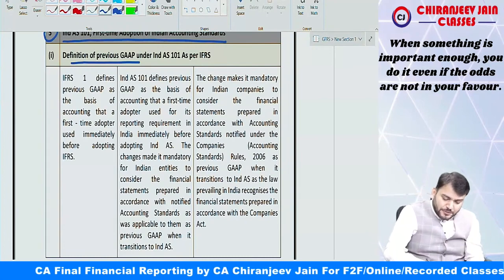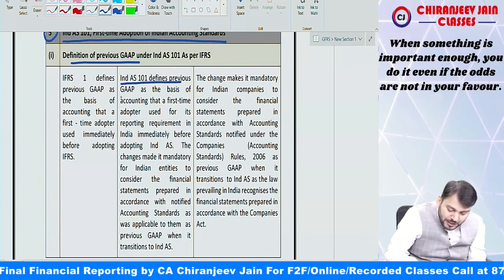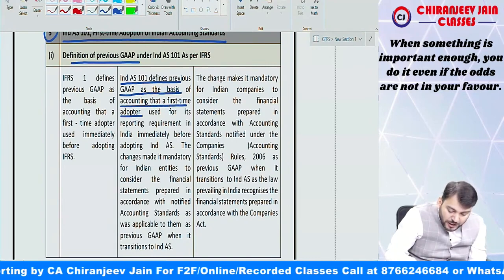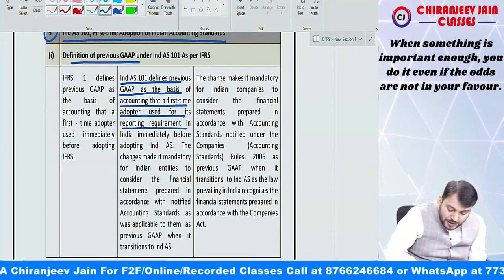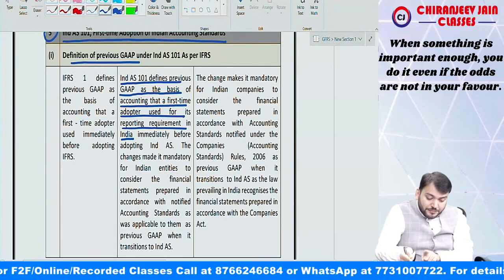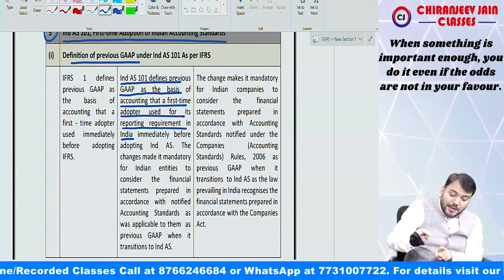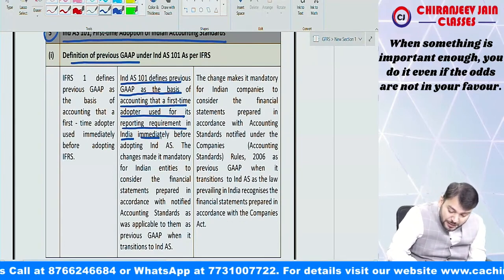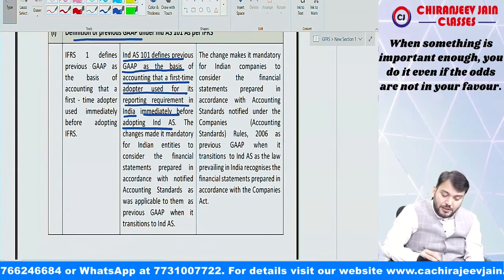Correct? What they have said is that Ind AS 101 defines previous GAAP as the basis of accounting that the first time adopter used for its reporting requirement in India, immediately before adopting Ind AS.